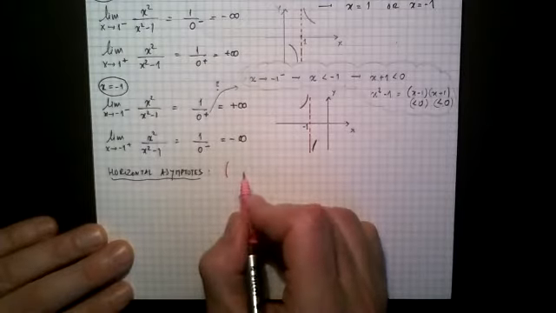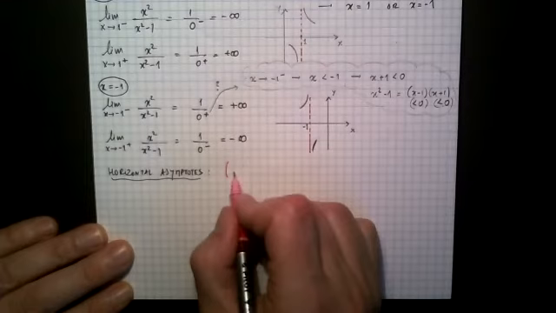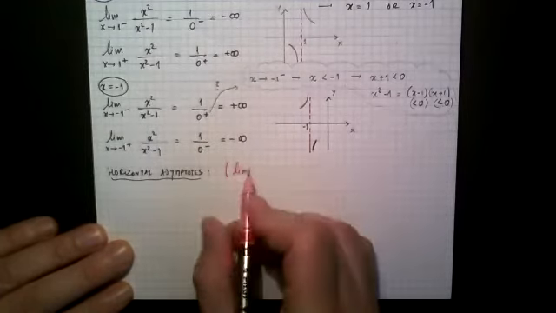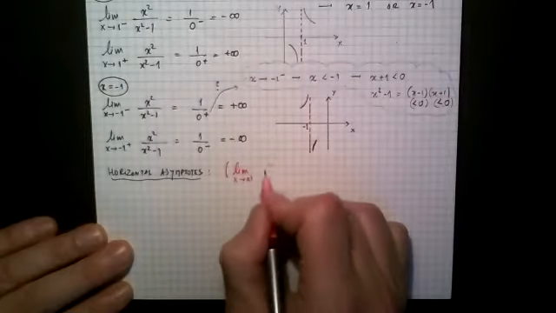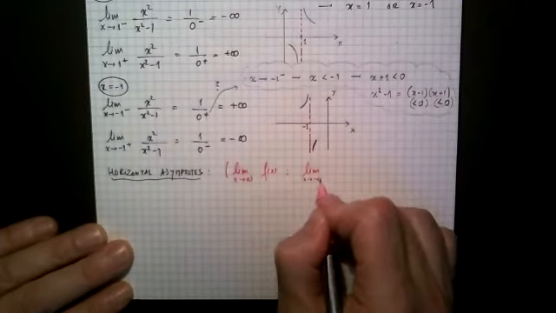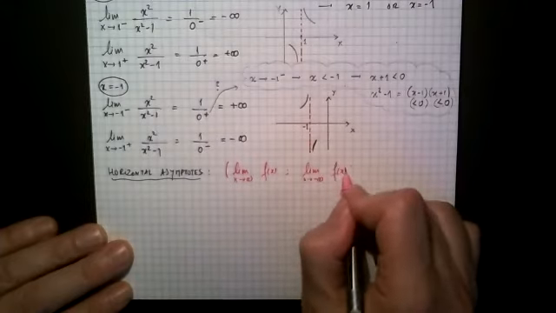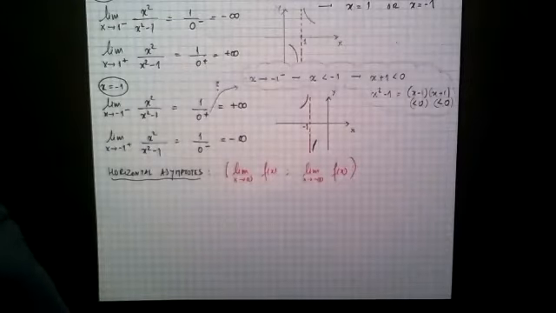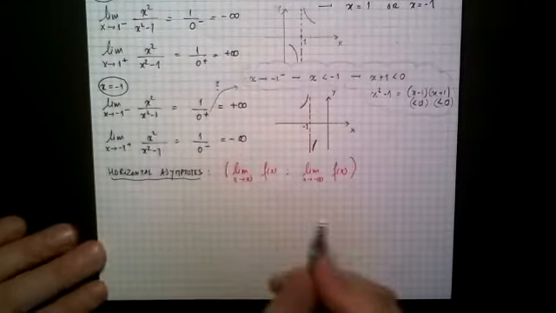When x approaches infinity. Very good. So I have to take the limit when x approaches infinity of my function, and also when it approaches, of course, negative infinity. I have to do both sides, right? Let's do these limits.